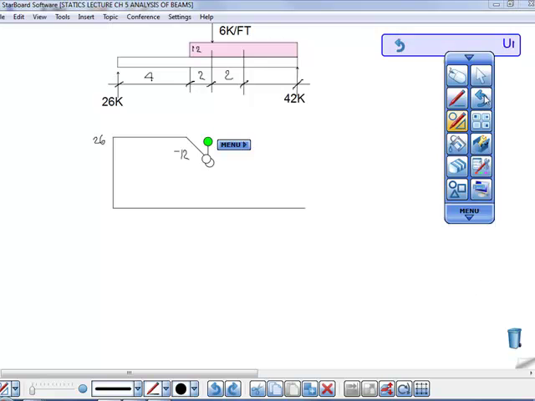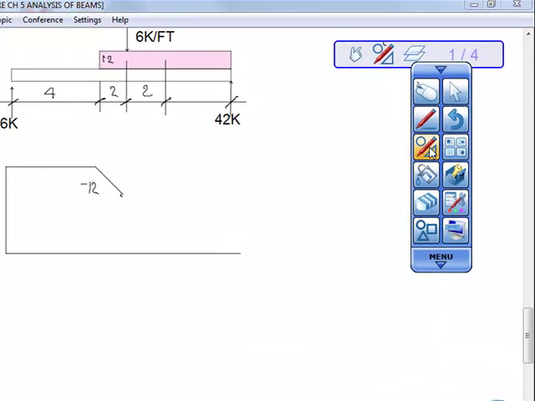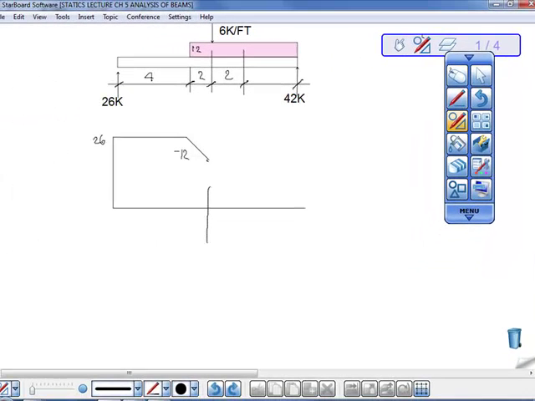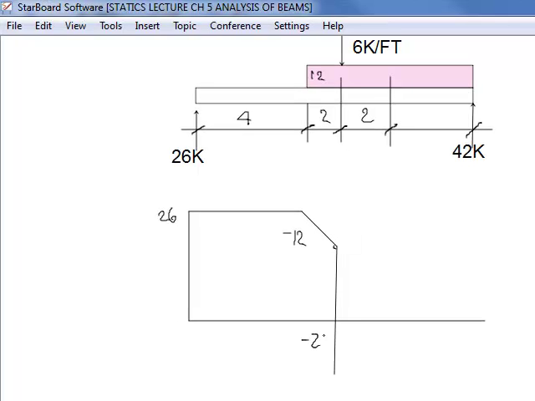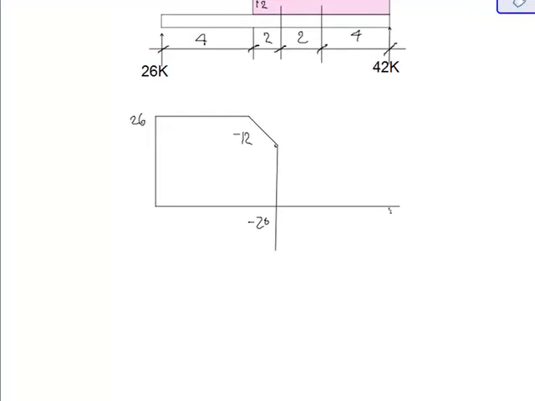Stop it! Start from the bottom and go up. Okay, we're gonna go straight down, 6 times 6 is 36, and that will go to our load over here.